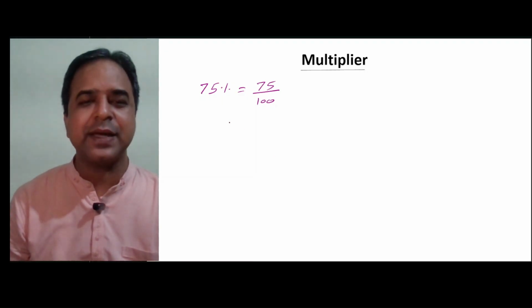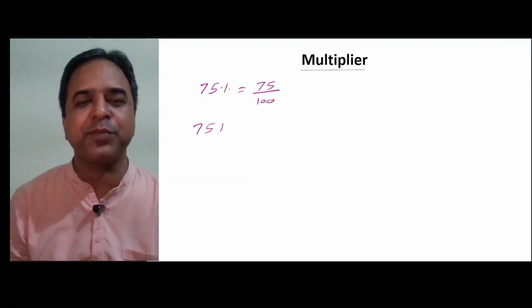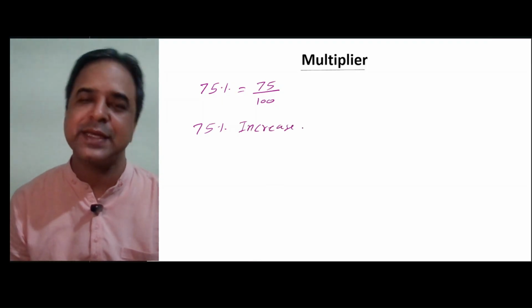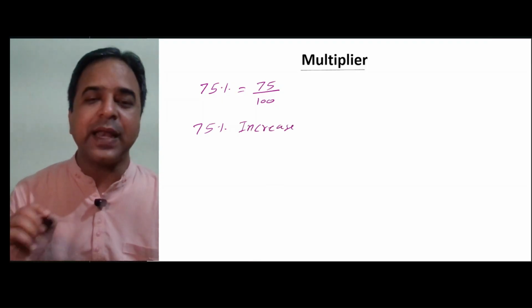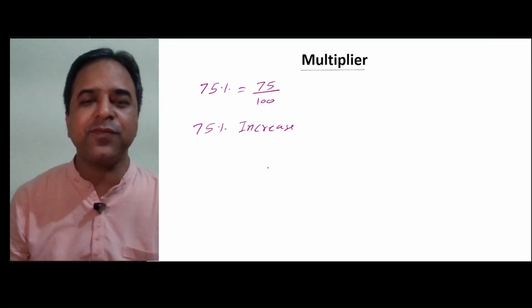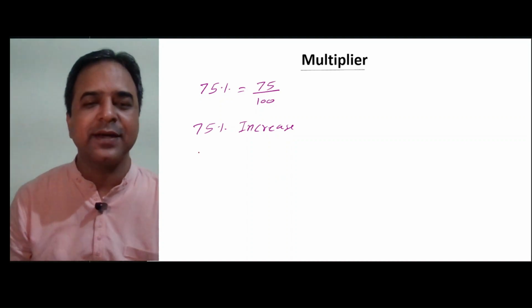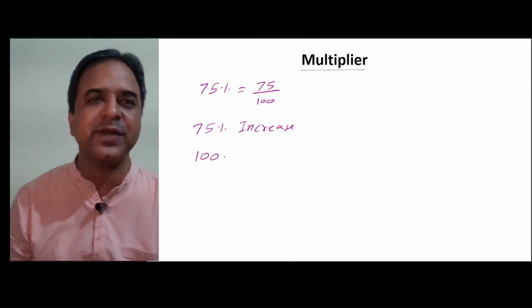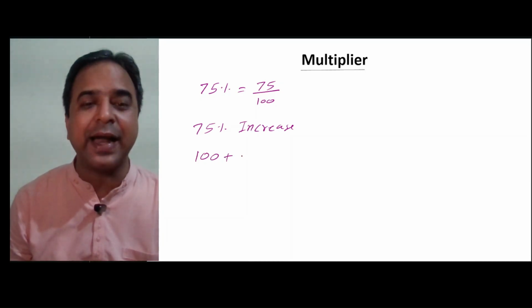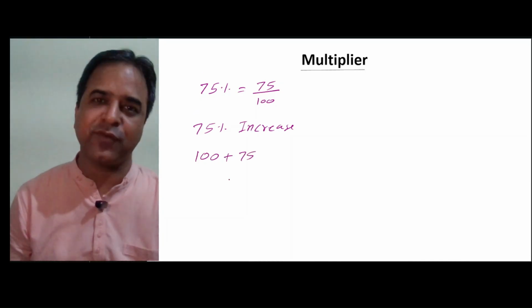For example, if it is written 75% increase. Now in this case, if you are going to use the multiplier, this is considered as 100%, and in that you will be adding this 75.